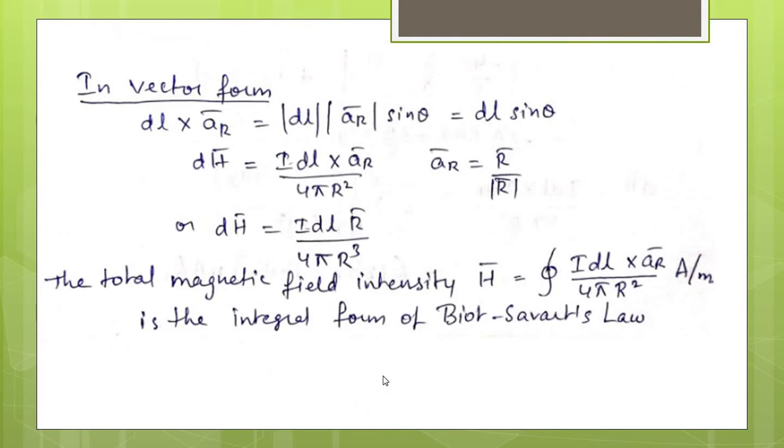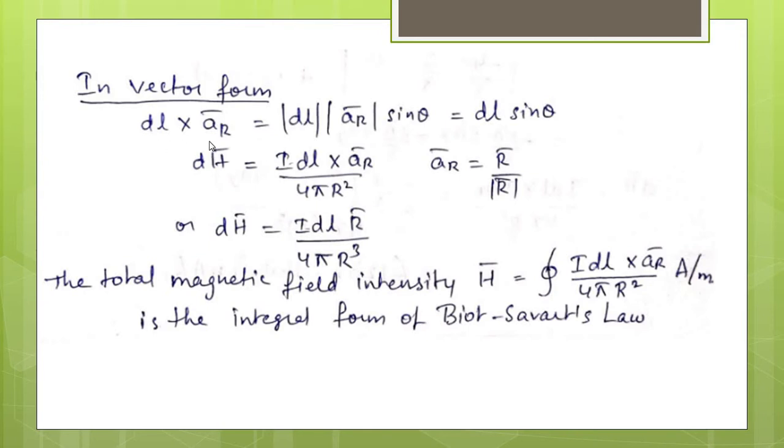If we write the same equation in vector form, it will be like this: dl cross ar. Here we need to take the cross product of dl and ar. When you expand the cross product, we write it as magnitude of the first term multiplied by the magnitude of the second term multiplied by the sine of the angle between these two terms.